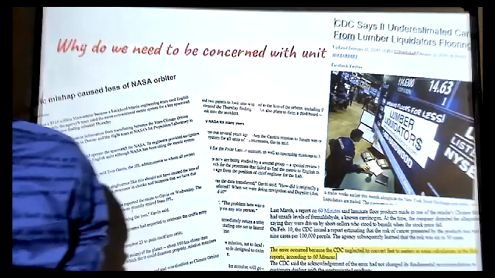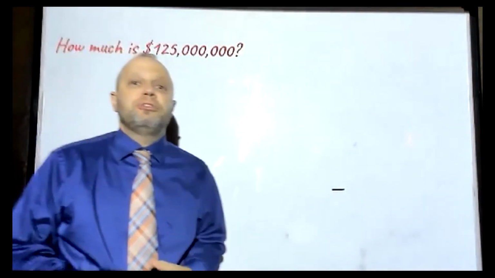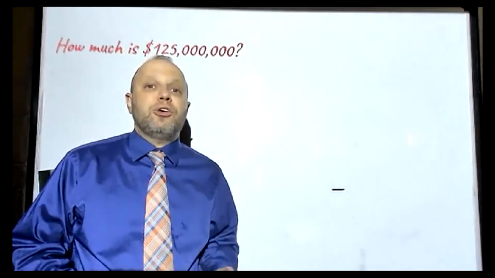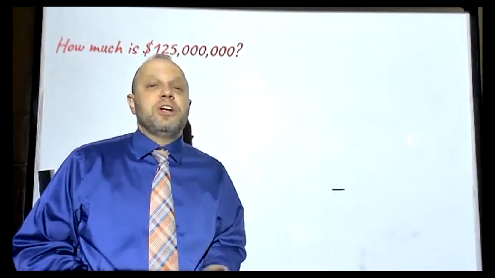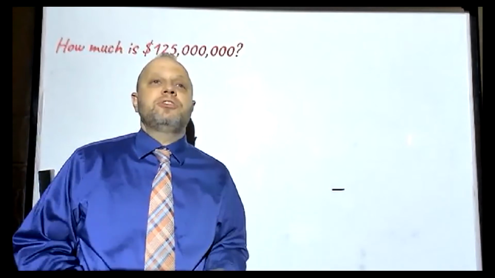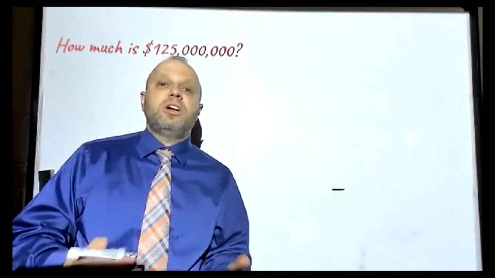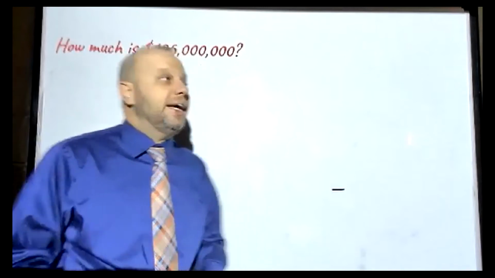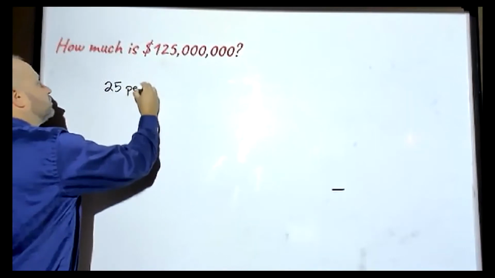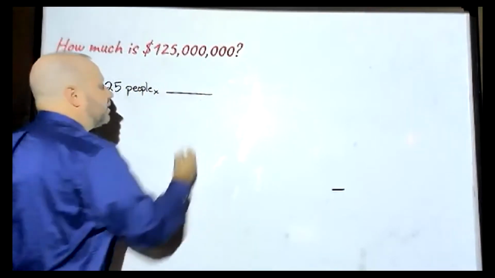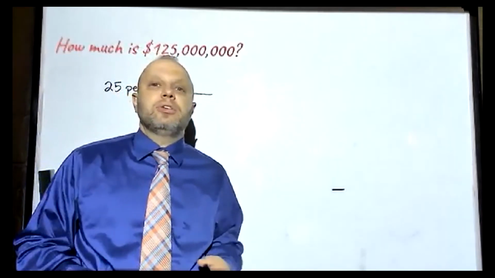So let's take a look at this for a second. If you read the article, you'll find out that this simple unit error cost $125 million. To put that number into perspective, I wanted to give you an analogy. Imagine that there are about 25 people in our class, and let's say on average, we work for about 40 years in our lifetime.